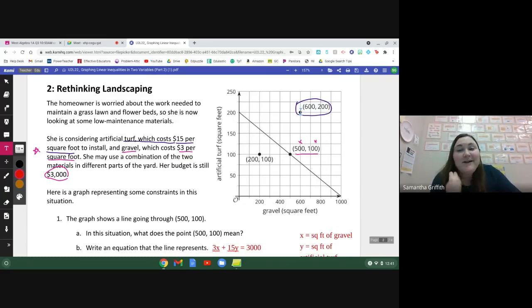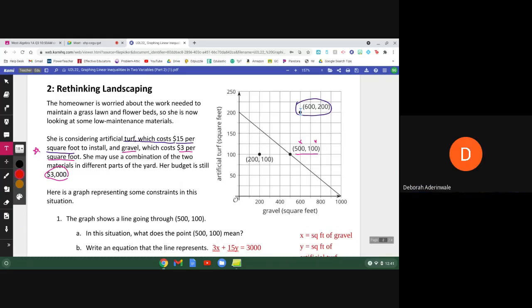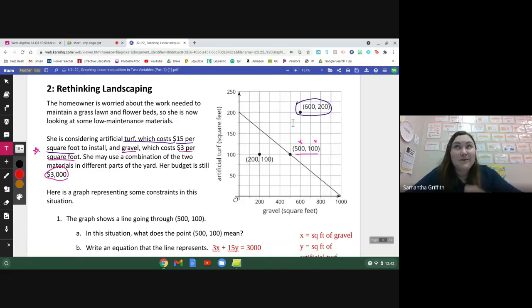But you were talking about shading. You figured out 600, 200 doesn't meet the constraints. It's not a part of the solution. Should this point be shaded? Yes or no? Should it be in a shaded area? We were using shading yesterday to show where the solutions were.